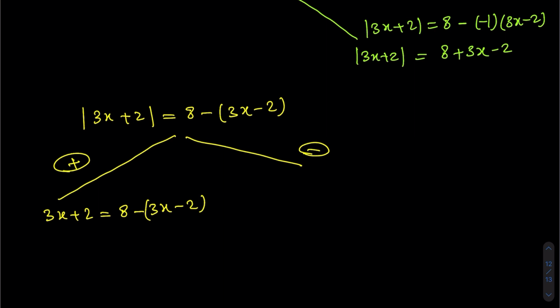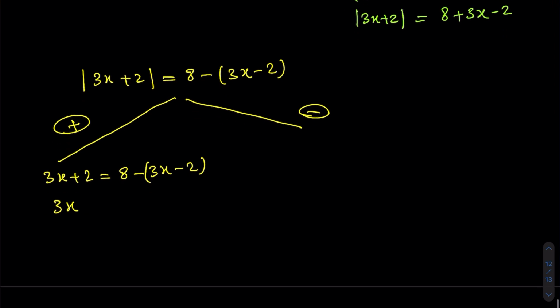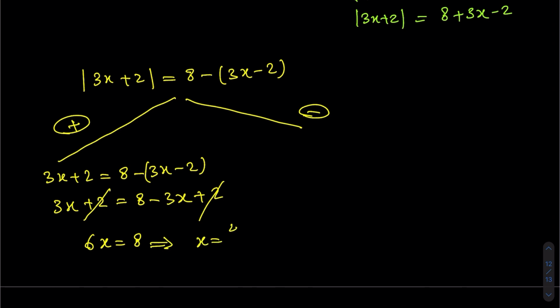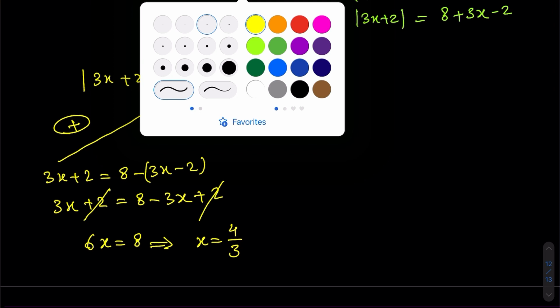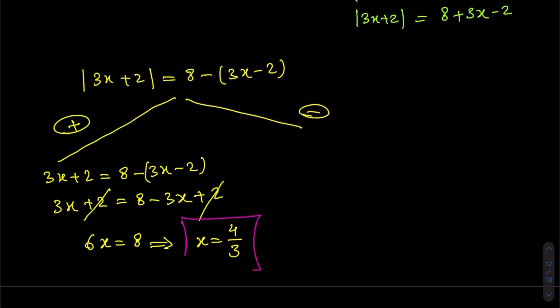So therefore it will be 3x plus 2 is equal to 8 minus 3x plus 2, which these two will be cancelled out, and then the answer will be 6x is equal to 8, and then finally x is equal to 4 over 3. So this is the first critical value that I have found so far. Okay, so this is the first critical value.